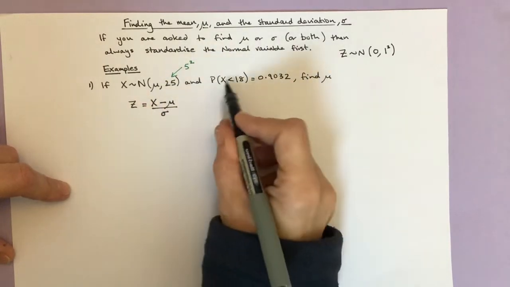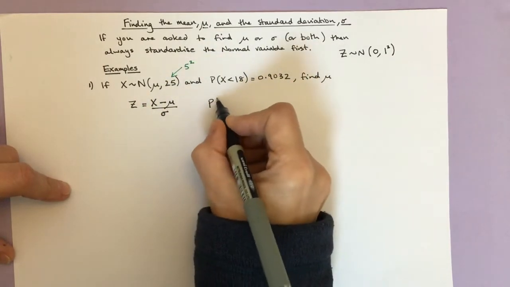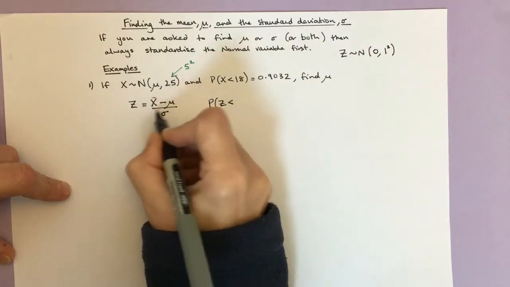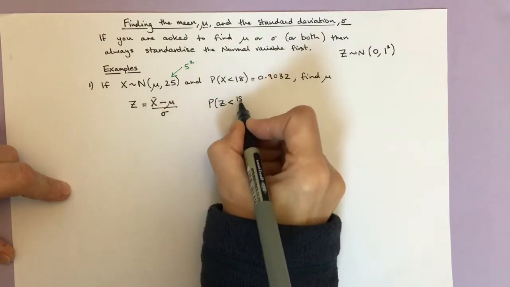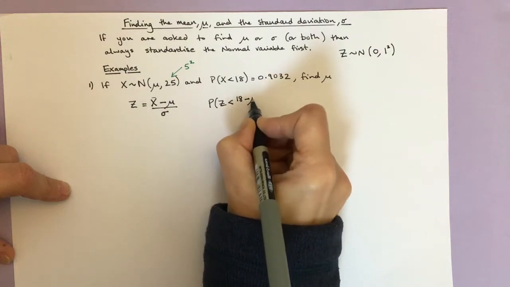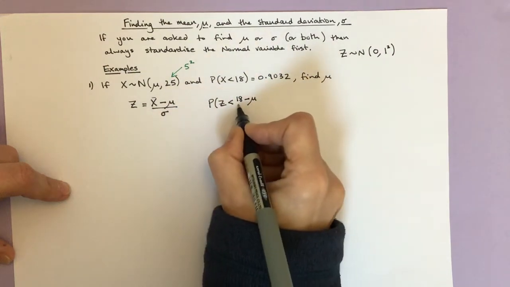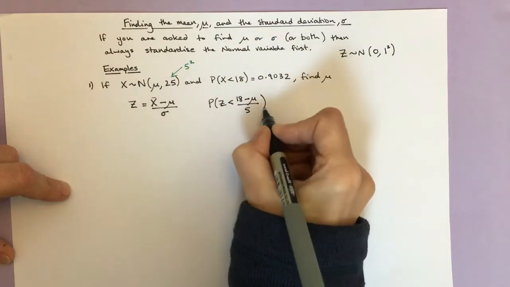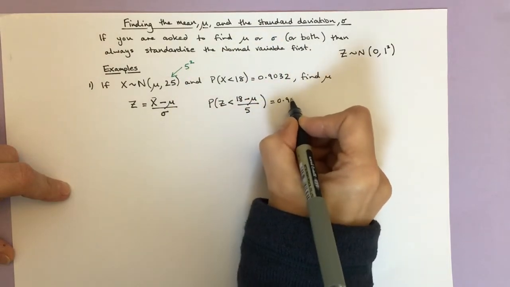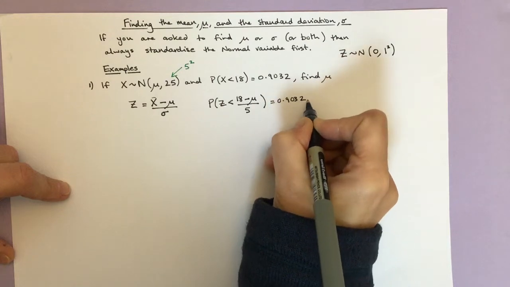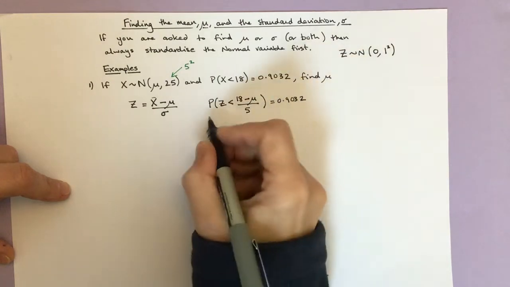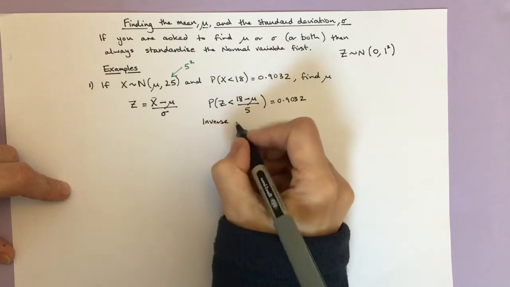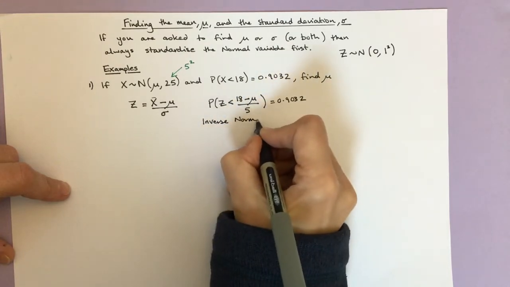So the probability of z then, rather than x, is less than the x value, which here is 18, take away the mean, which we don't know, mu, divided by the standard deviation, which is 5. And that's equal to 0.9032. Okay, so now we're going to use our inverse normal function on our calculator.